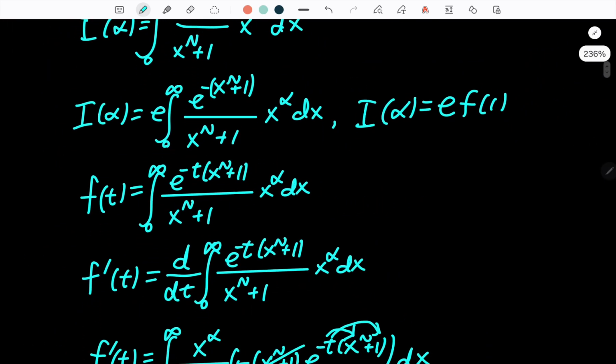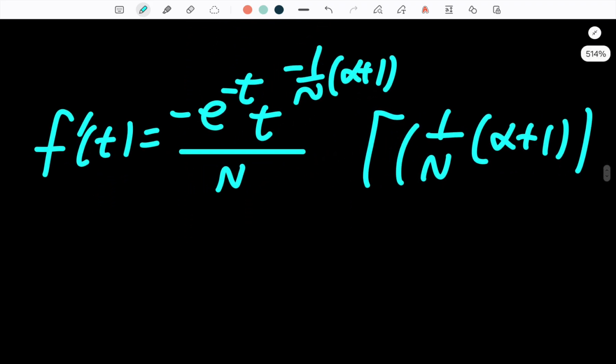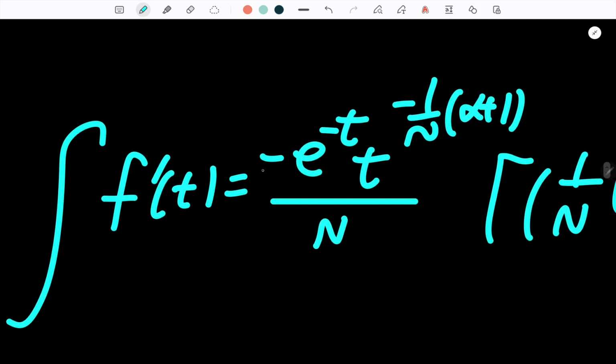we need to apply this to f prime of t. And by doing that, we need to first find f of t. So how do we do that? Well, we need to integrate both sides. Cool.